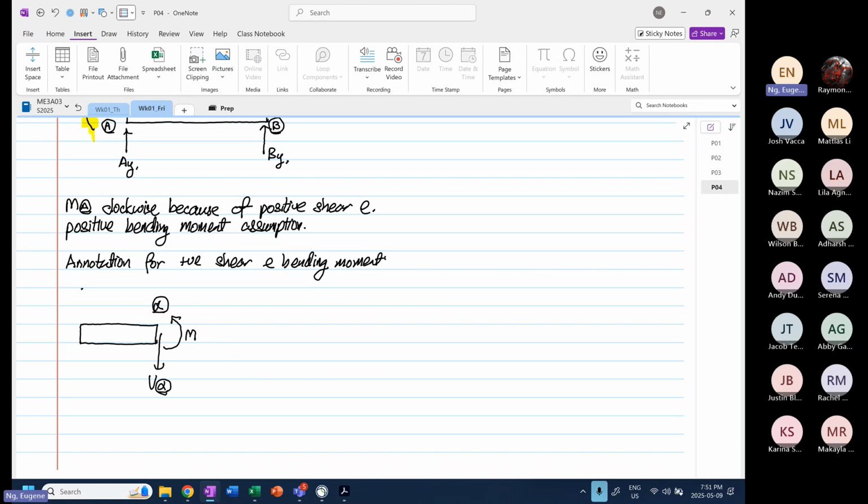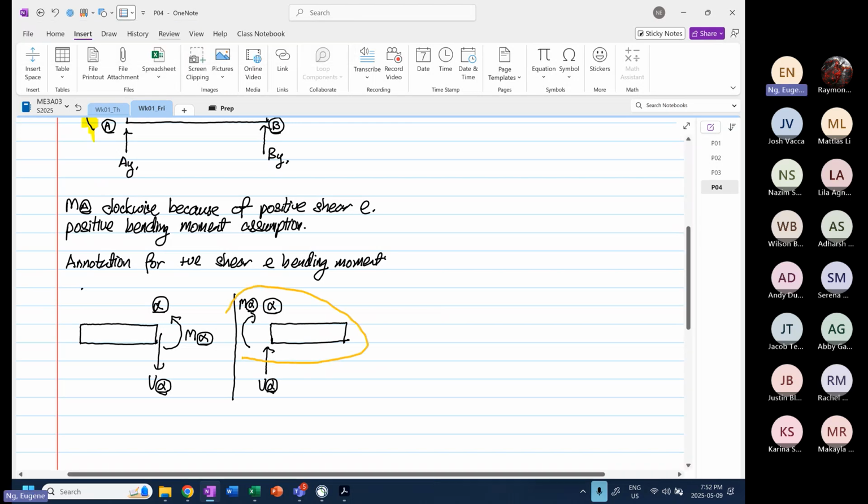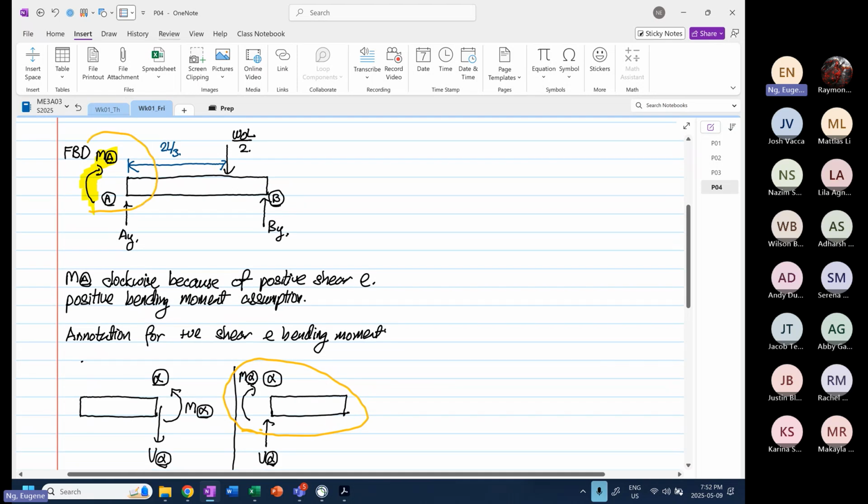Now if alpha is on the left-hand side, the positive shear assumption V alpha and positive bending moment M alpha are in that direction. So we have this configuration because we are assuming positive shear and positive bending moment. Are we clear? This is very important because otherwise it can go either way, and if you flip the direction wrongly, the answer will be wrong.